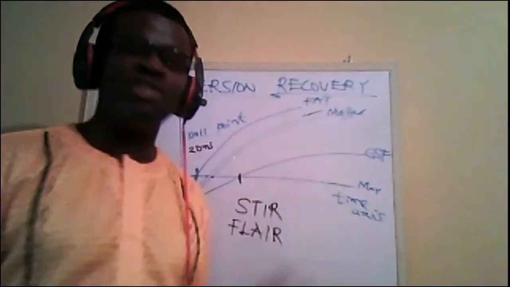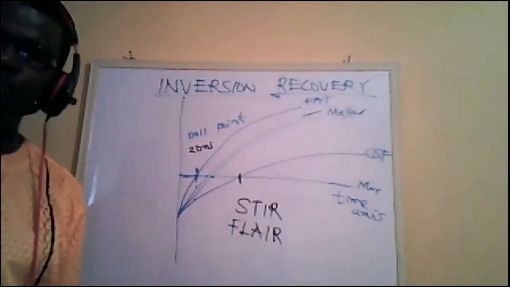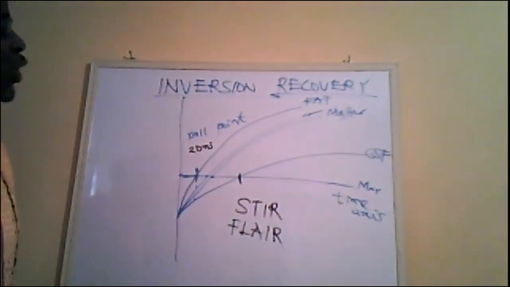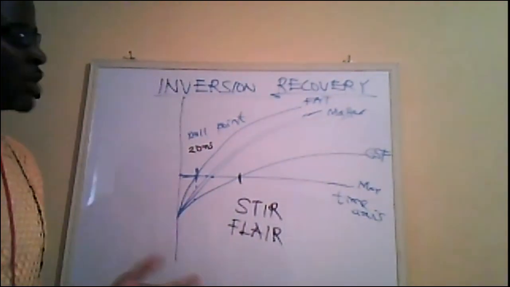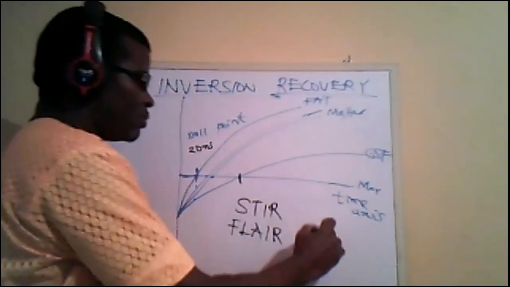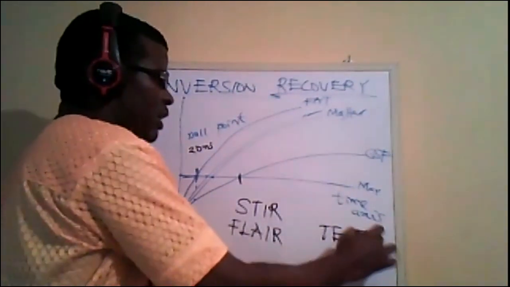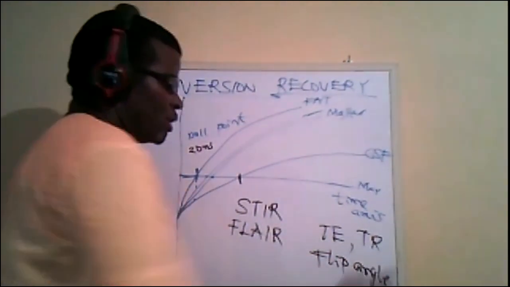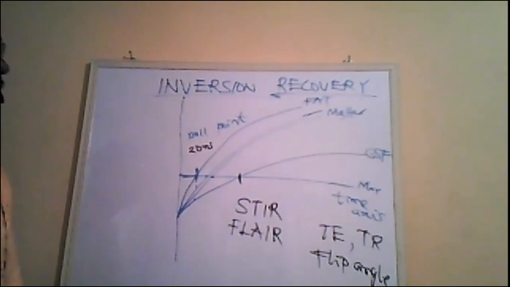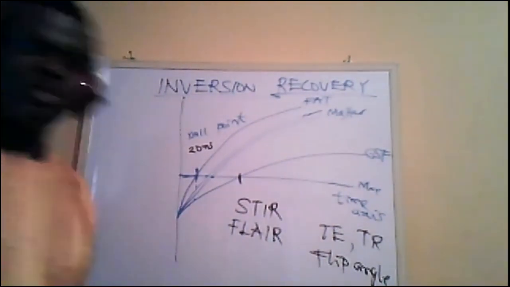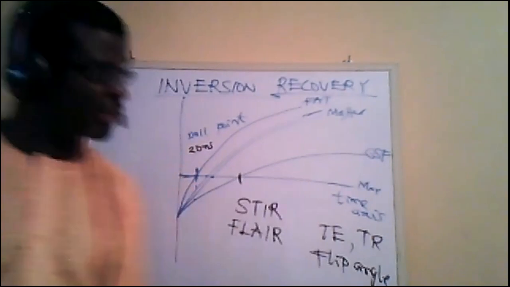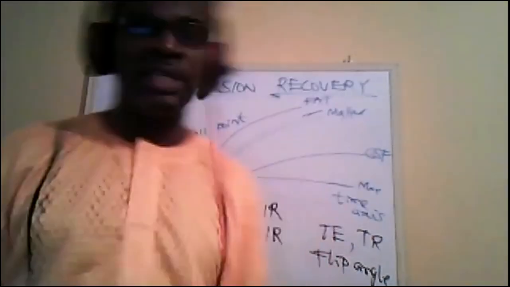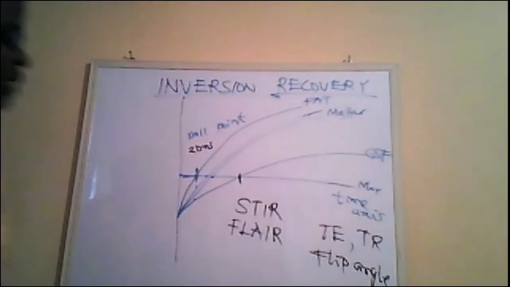CT has many limitations in how we manage contrast, but MRI has almost unlimited possibility of contrast management, because based on the parameters of TE, TR, and flip angle, you can modify an image so that it is T1 weighted, T2 weighted, T2 star weighted, and even FLAIR T2 weighted, FLAIR T1 weighted, and so on.